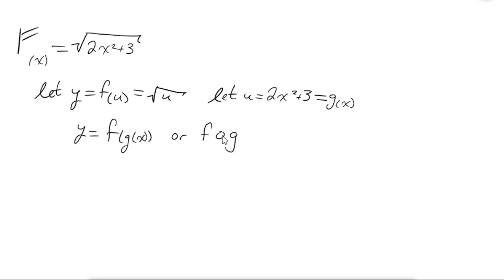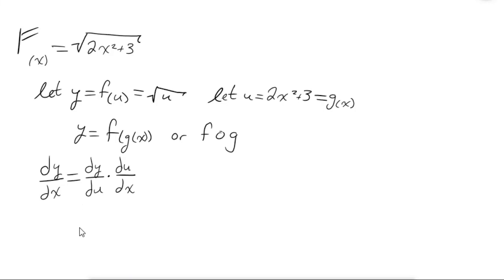The chain rule lets us know, and there's a proof in the book, but we're not going to do the proof at all, that for the function y with respect to x, if we break it apart as a composite function, the derivative of y with respect to u, in our case we use the letter u, multiplied by the derivative of u with respect to x will give us the derivative of the original function.